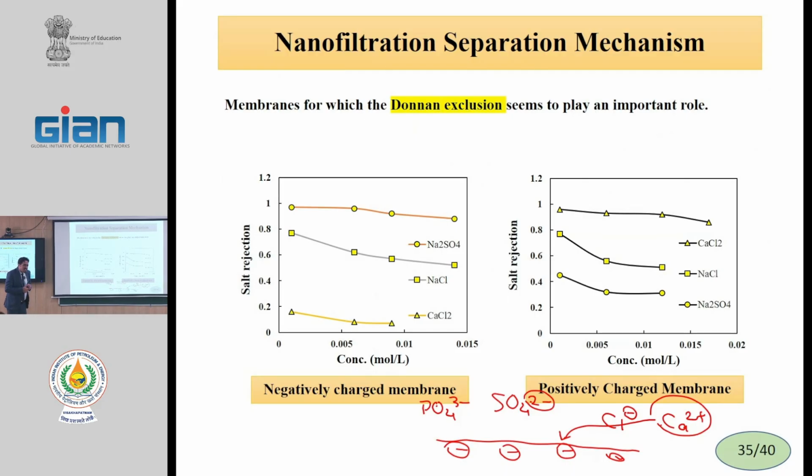Like we are currently separating lithium. Separation of lithium from magnesium is very important for the production of batteries. The lithium rejection is lower than sodium because lithium is smaller.